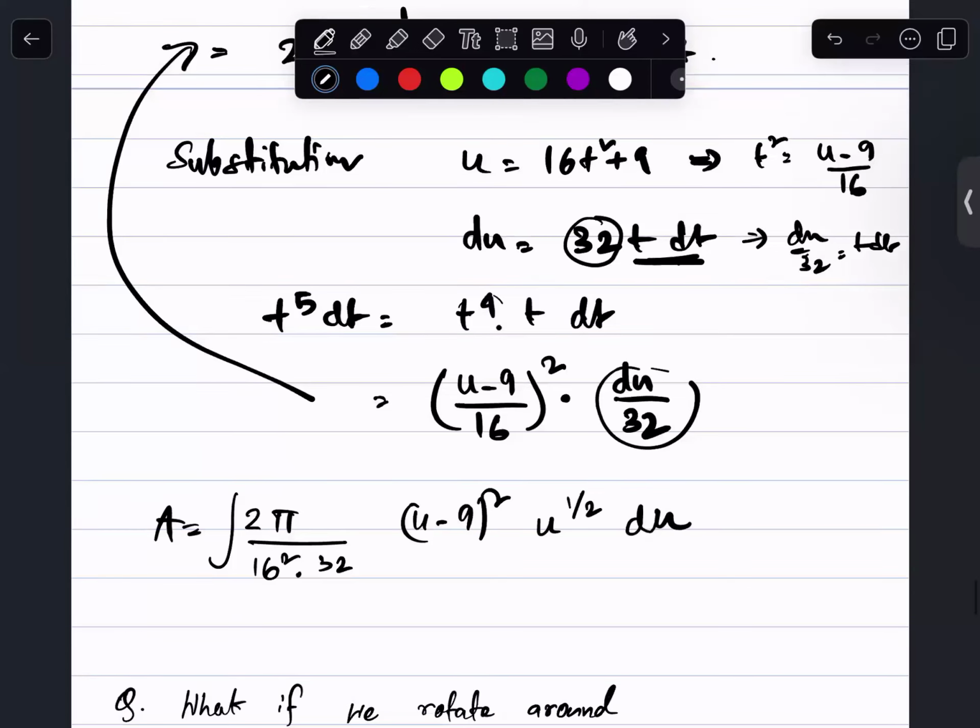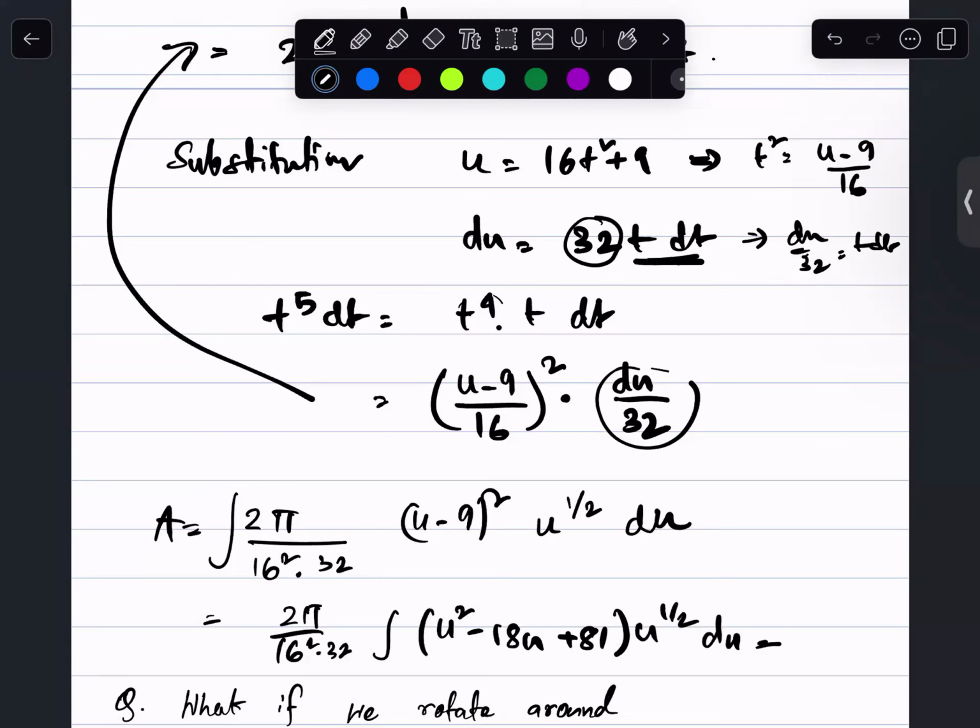Okay, now 2 pi over 16 squared times 32 comes out, and I have u minus 9 squared, so I'll have u squared minus 18u plus 81 times u to the half. And this is not hard to handle.